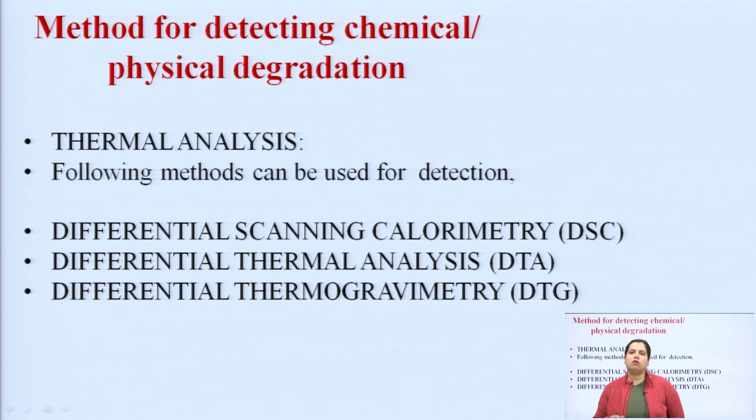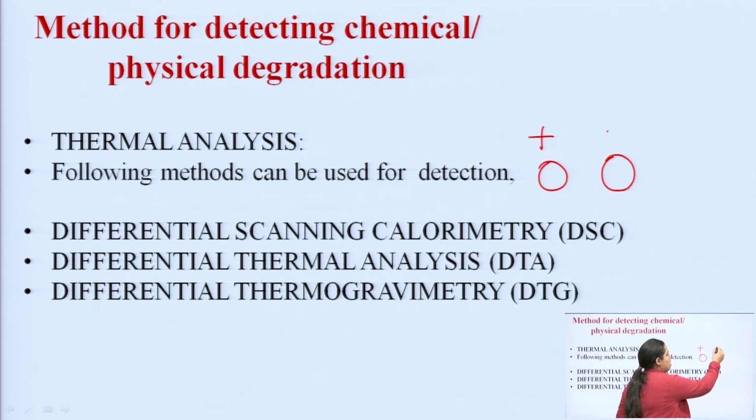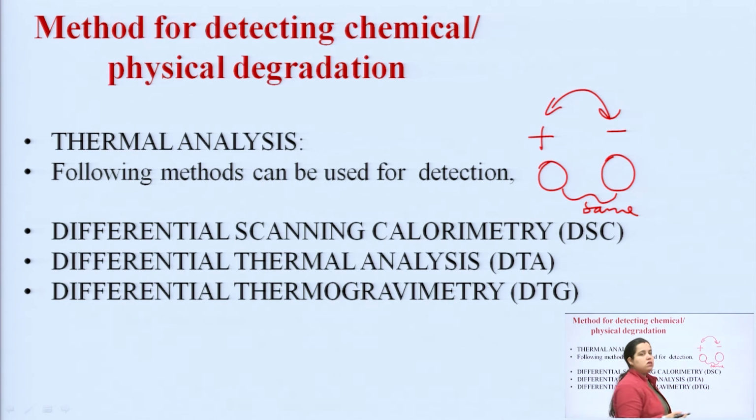For any kind of physical or chemical degradation or instability occurring in the formulation, we can take the pure form of the drug and measure these particular parameters using these techniques, and then check the formulation stability when we make the formulation. So, we can have a better idea: if the pure drug gives a particular value and the formulation gives a changed value for the same technique, this means the formulation is not stable and is giving variable results.